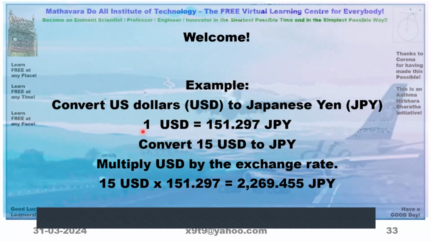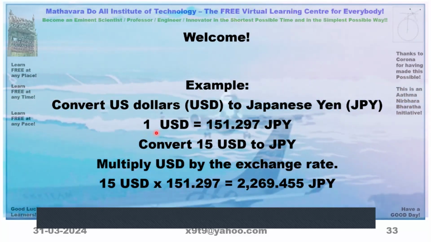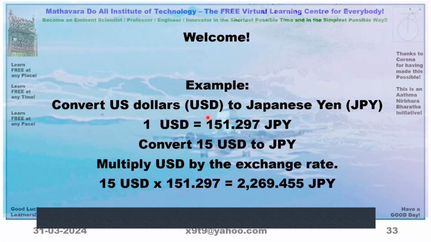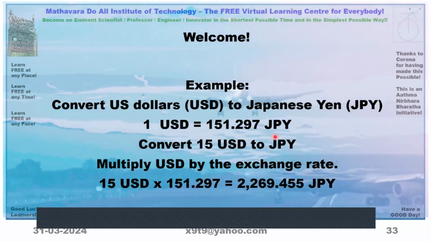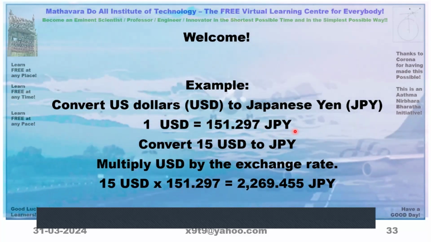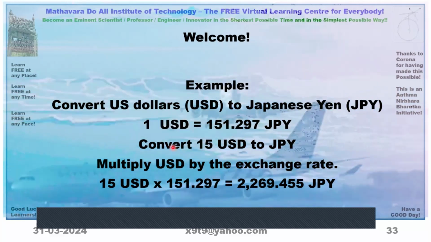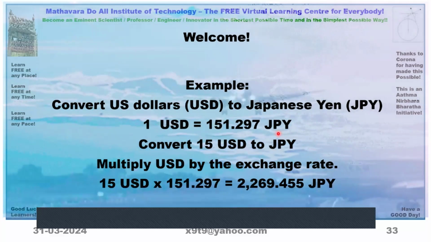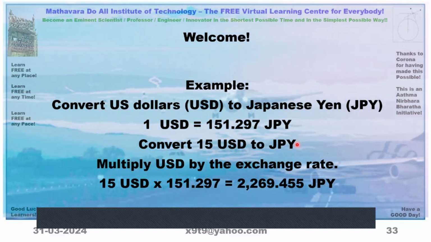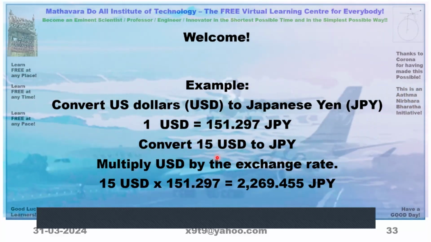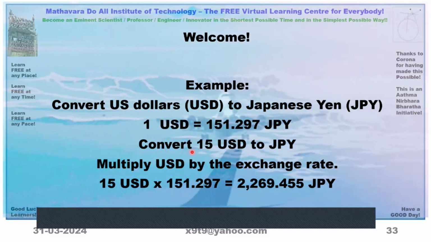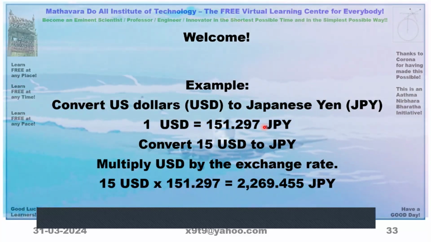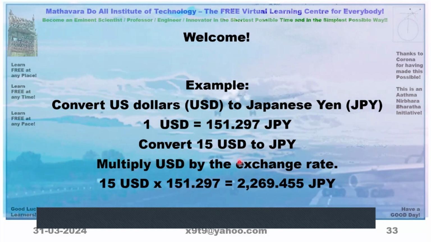So here US dollar, $1 corresponds to 151.297 Japanese yen. Now we want to convert 15 US dollars to Japanese yen. So multiply the US dollar 15 by this exchange rate.